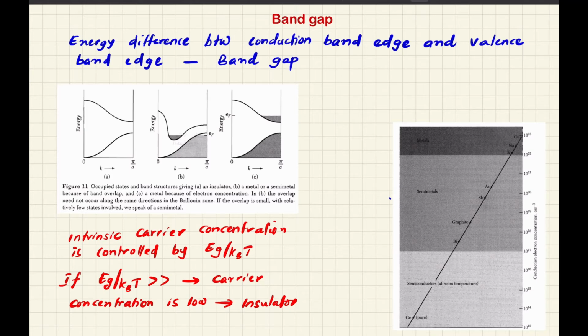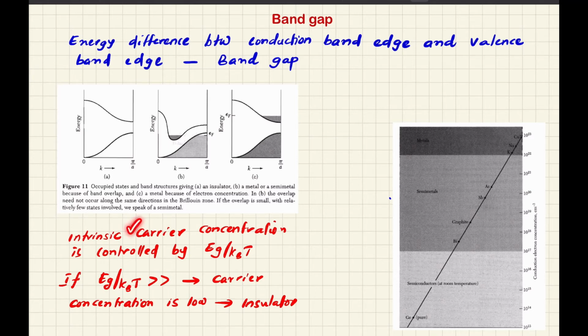Now, a material will be having charge carriers which are responsible for the conduction, and the number of such charge carriers is called the carrier concentration.